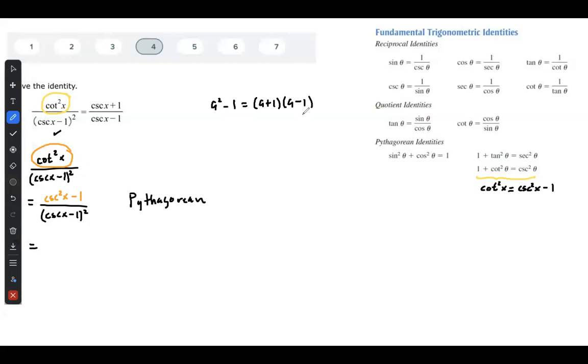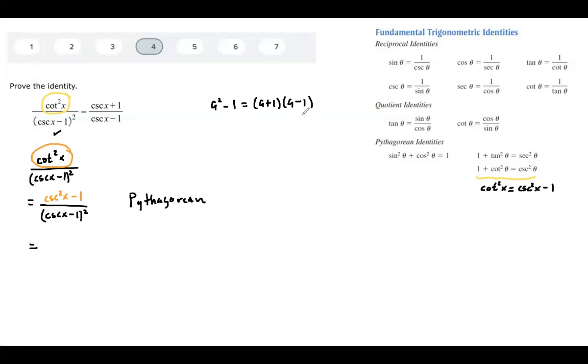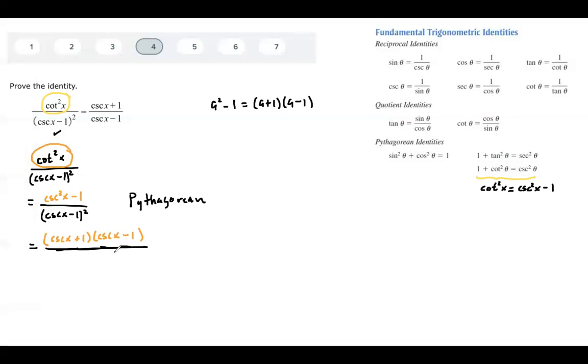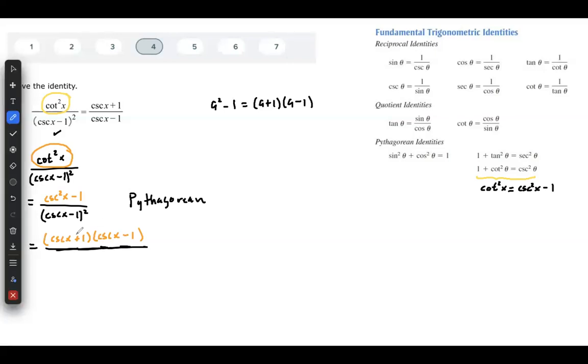But in this case, we don't have a, we have cosecant squared. So let's use that same principle and write it as cosecant of x plus 1 times cosecant of x minus 1. Just the difference of two squares. We kept the same thing, but you just have two factors.